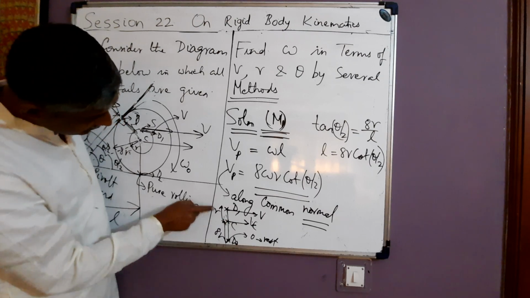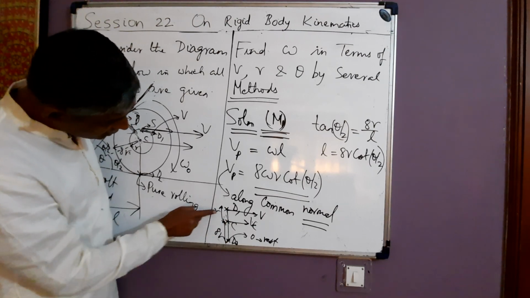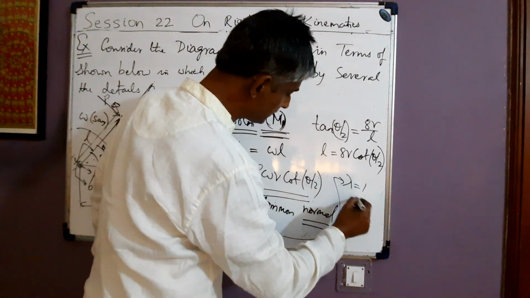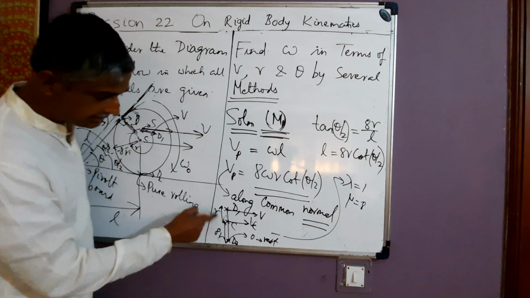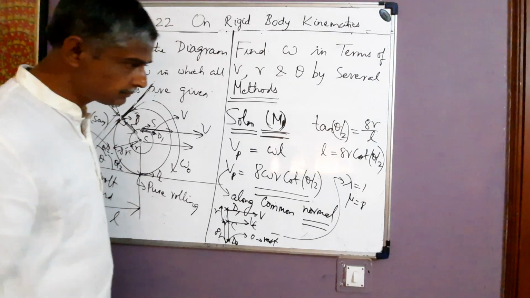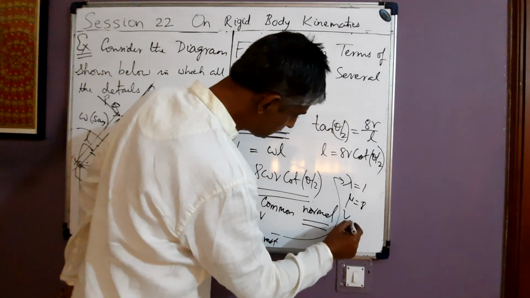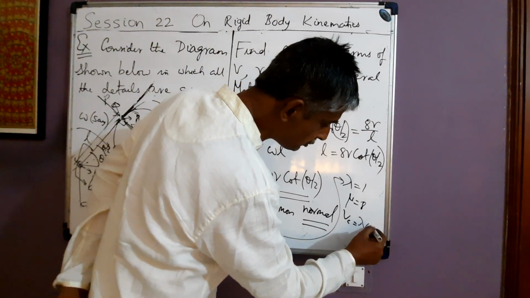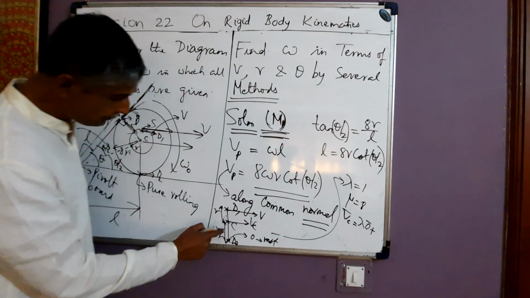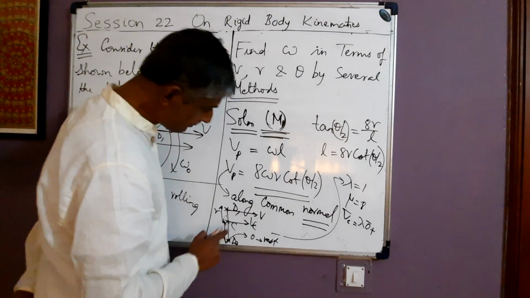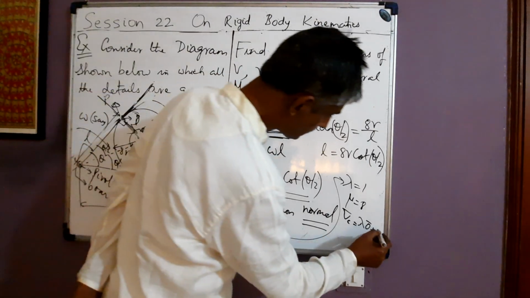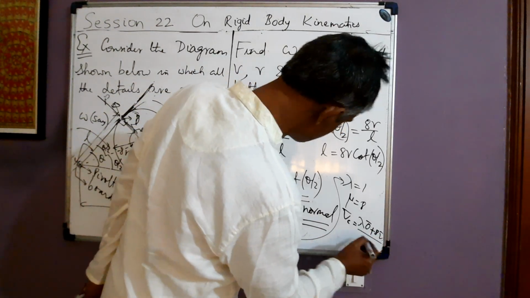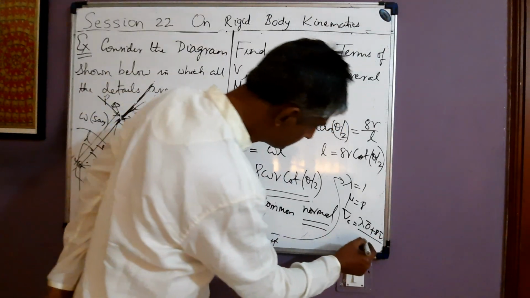This center C divides the line joining D1 and D2 internally in the ratio 1:8. Lambda is 1, mu is 8. So Vc is lambda times the velocity of D2, which is 0 by the pure rolling criteria, plus mu times the velocity of D1, mu being 8, so 8 times V, divided by lambda plus mu, which is 9.